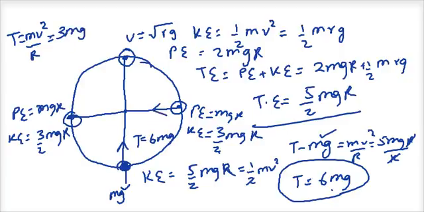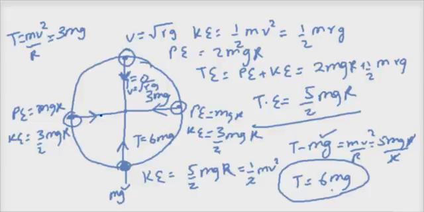So the tension here is 3 mg. We found out that at the topmost point, the minimum tension is 0, and then the velocity is equal to root over of rg. That was the condition. So at this point the tension is 0. At this point the tension will be again equal to 3 mg.